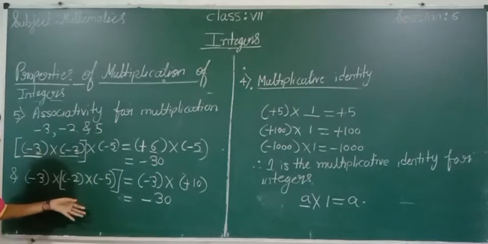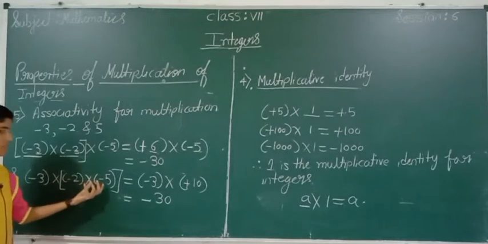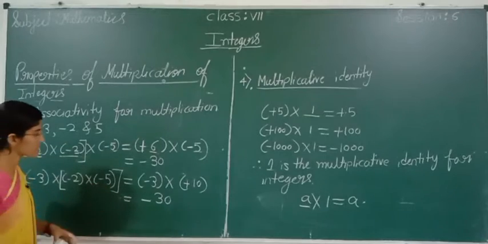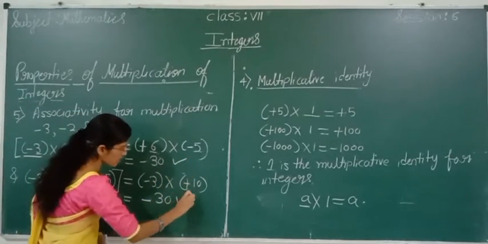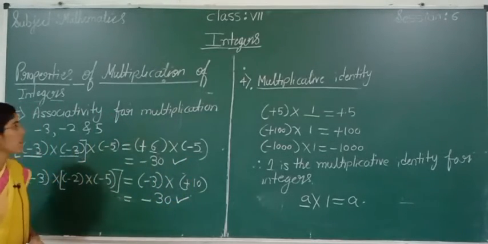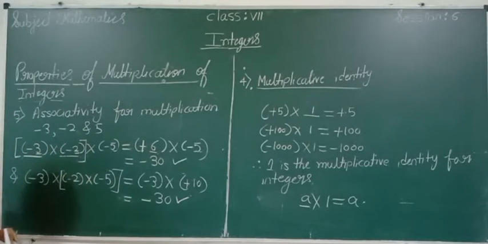Here I changed the grouping to the second and third integers. For that also the answer is coming minus 30. So this is nothing but associative for multiplication.